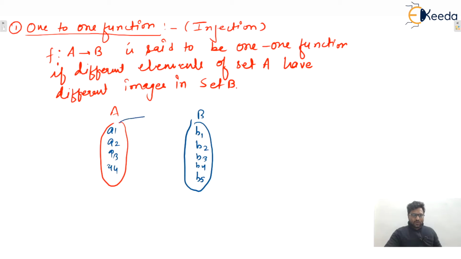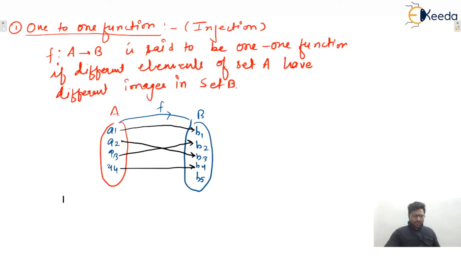Let's say one function is from set A to set B. Now you tell me, let's say A1 is associated with B1, A3 is associated with B2, A2 is associated with B3, and A4 is mapped with B4. So here there is one-to-one correspondence between the elements of set A and set B. That's why this function is known as one-to-one function.